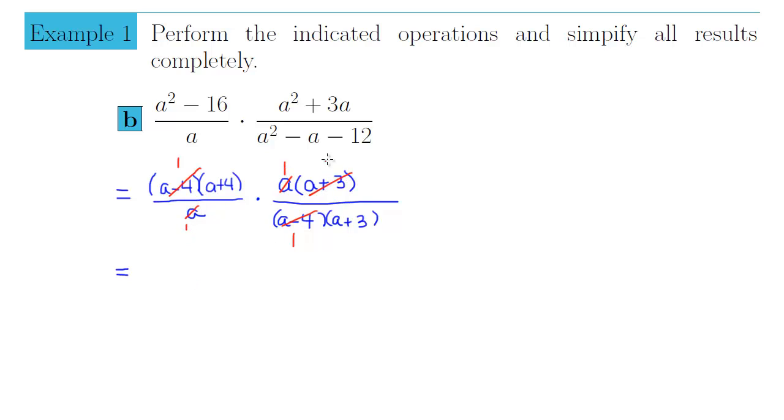And likewise, I can cancel this factor of a plus 3 from numerator and denominator. This leaves me simply with the following as I multiply across. 1 times a plus 4 times 1 simply gives me a plus 4. And on the bottom, I have 1 times 1 times 1, which is just 1. That means I simply have a plus 4 over 1, which is just a plus 4.